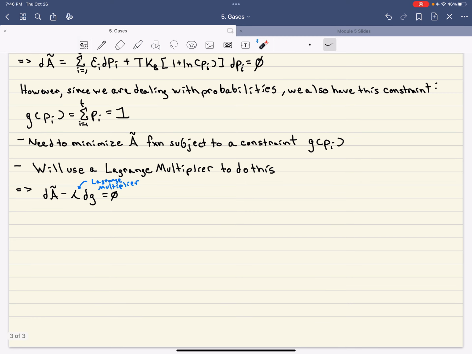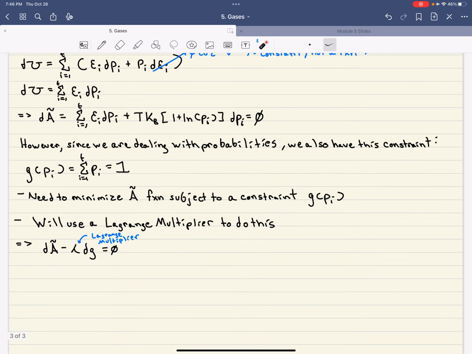And so we'll just plug in for dA and dG. For dA, we already have that equation. We'll plug it in: the summation i goes from 1 to t of epsilon i dpi plus kBT times 1 plus ln of pi dpi.